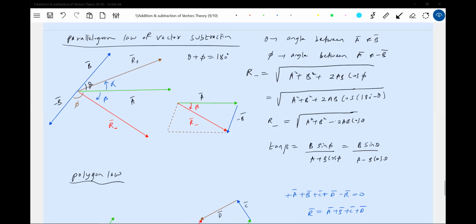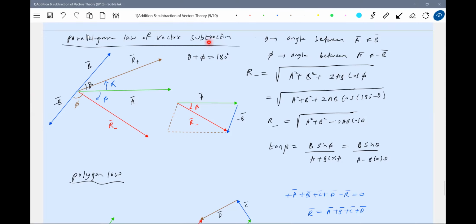Okay, this is the parallelogram law of vector subtraction. So let me take the vectors a bar and b bar, then minus b bar, a bar minus b bar. We have to find the magnitude of a bar minus b bar. So there's a minus b bar. Then we know the resultant of a bar and minus b bar will be R negative, shown in this triangle. Then the resultant of a bar plus b bar is R plus, which I'm showing.